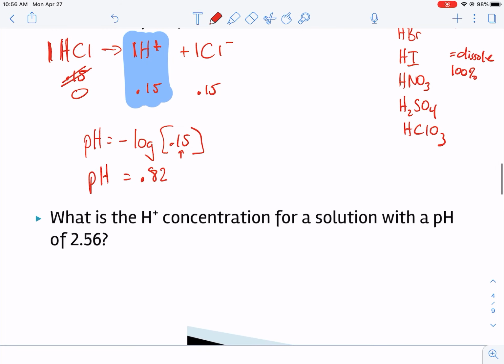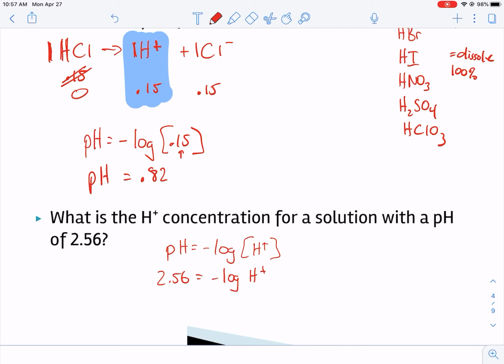Okay. Now, what if we were asked to go backwards? What is the H plus concentration for a solution with a pH of 2.56? So I know that pH is equal to negative log of H plus. And so this is going to be 2.56 is equal to negative log of my H plus. So how do I get the H plus by itself?